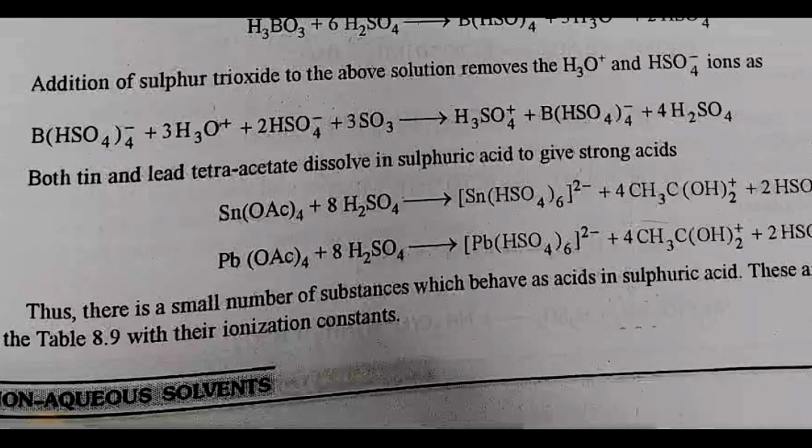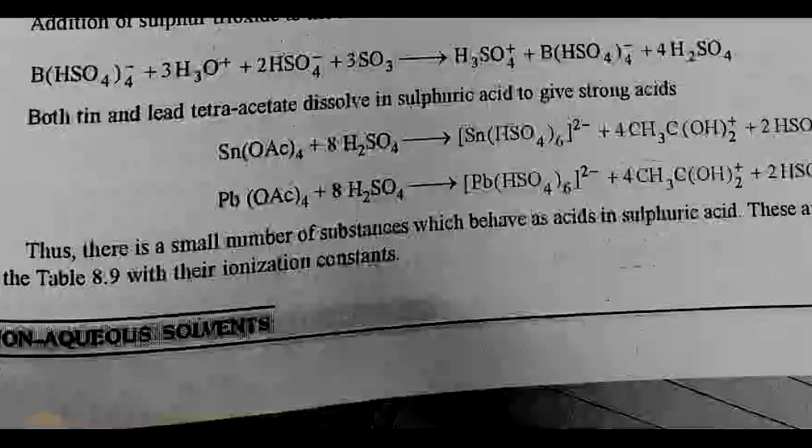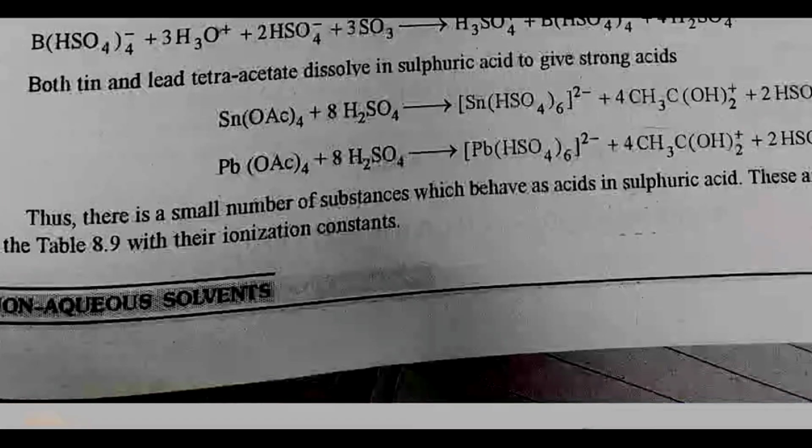Addition of sulfur trioxide to the above solution removes the H3O+ and HSO4− ions: B(HSO4)4− + 3H3O+ + 2HSO4− + 3SO3 ⇌ H3SO4+ + B(HSO4)4− + 4H2SO4.